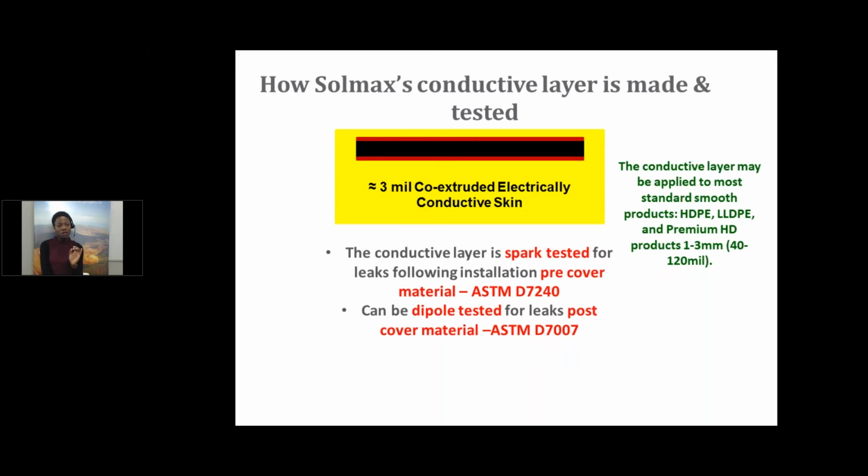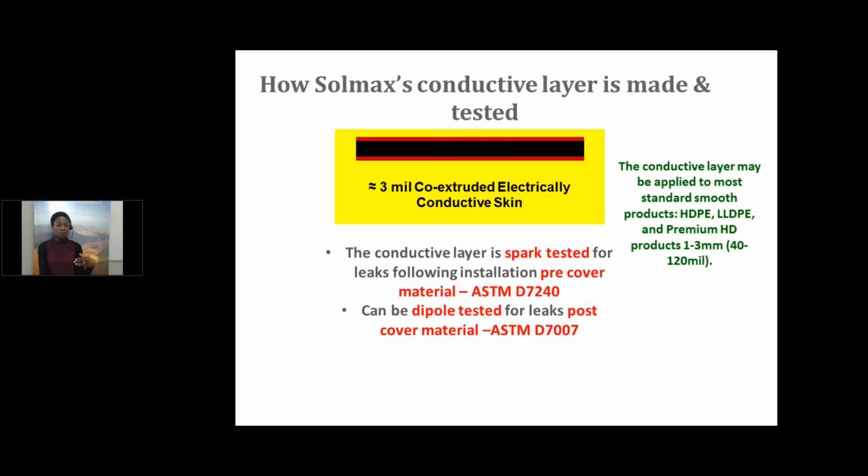So for the conductive layer, what we've done is we've taken one of the two surface finishes and we've added the carbon black to that layer to make it electrically conductive. So about 3 millimeters of the coextruded finish is electrically conductive carbon black. And the conductive layer can be applied to most of our products, our HDPE or LLDPE standard or premium products. The conductive layer can be spark tested, as I described earlier, following installation, and it can be dipole tested following backfilling as well.